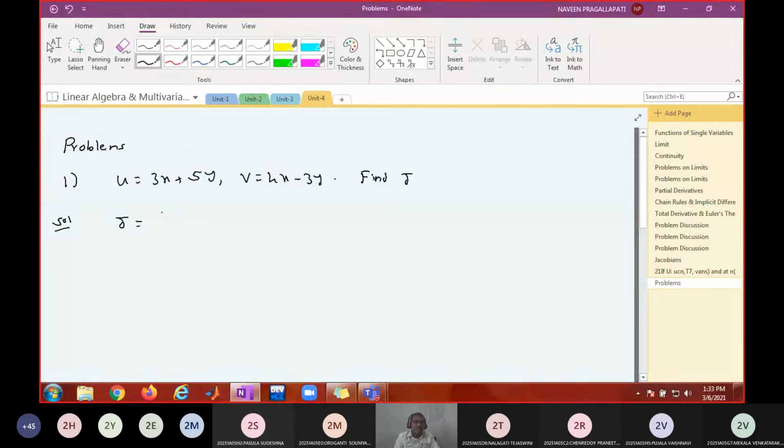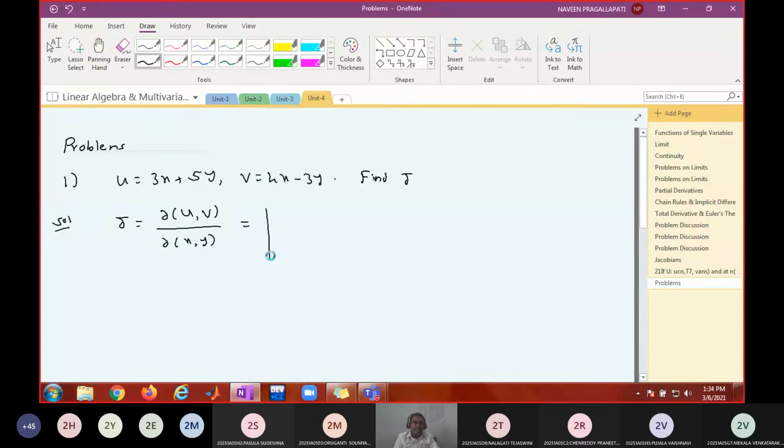It is always, numerator must be dependent variables, denominator must contain independent variables. What are the dependent variables here? Dependent variables are u and v. What are independent variables? x comma y.